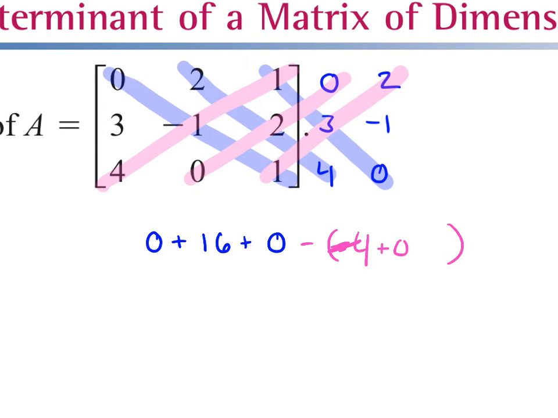And then 1 times 3 times 2? 6. So this would be 16 minus, what is negative 4 plus 0 plus 6? 2. So 16 minus 2? 14. So again, not too hard, you just have to be careful.